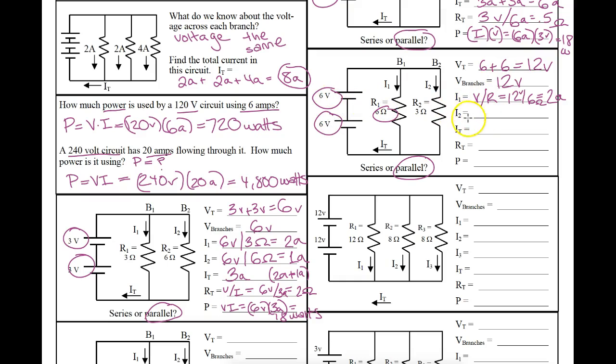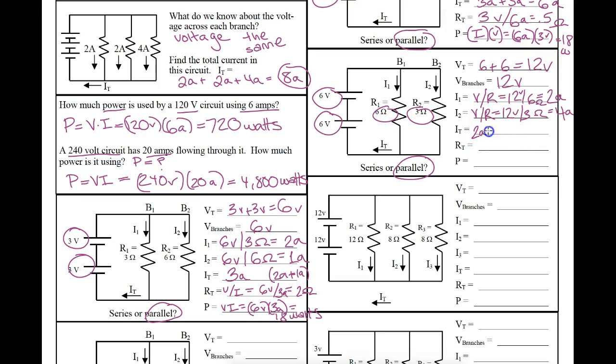And then your current for the second branch, you can see that the resistance is 3 ohms, and the volt is the same. So we have V over R. It's 12 volts divided by 3 ohms. 12 divided by 3 is 4 amps. And then your current total is, basically you just add these up. So it's 2 plus 4.